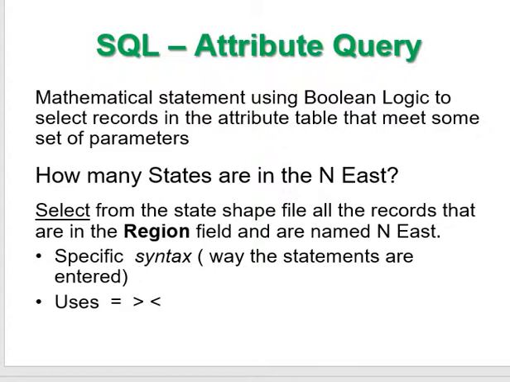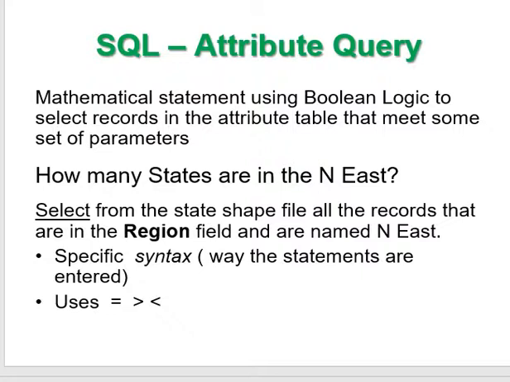And so we're going to be using Boolean logic operators such as equal to, greater than, or less than. And ArcGIS, like most SQL query operations, requires very special syntax, or the way that the statements are entered.